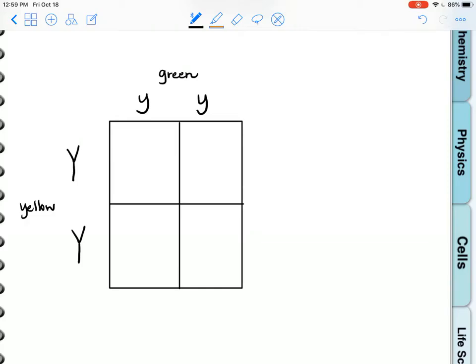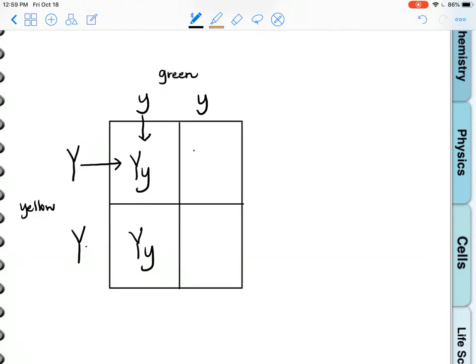So let's do the Punnett pairings. In this first box, I have this capital Y. Let me show you this. We're taking this one and this one to get this one. Down here, we're taking this one and the little y to get one of those.